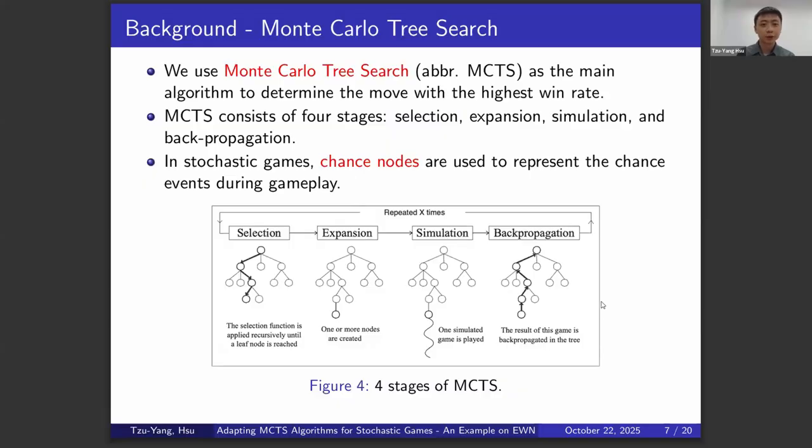In this paper, we use Monte Carlo tree search as the main algorithm to determine the move with the highest win rate. MCTS consists of 4 stages, including selection, expansion, simulation, and backpropagation. In stochastic games, we usually use chance nodes to represent the chance events during the gameplay.